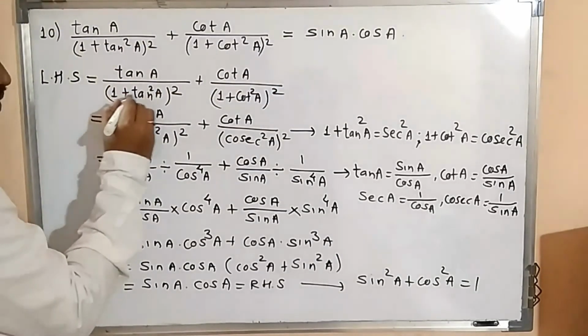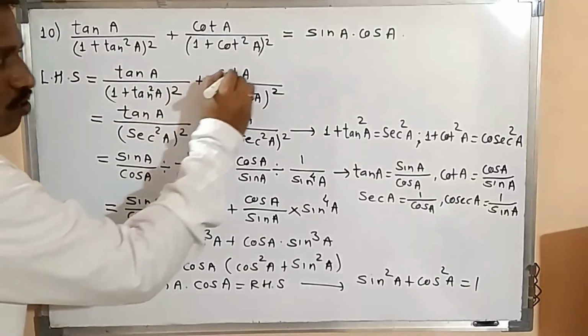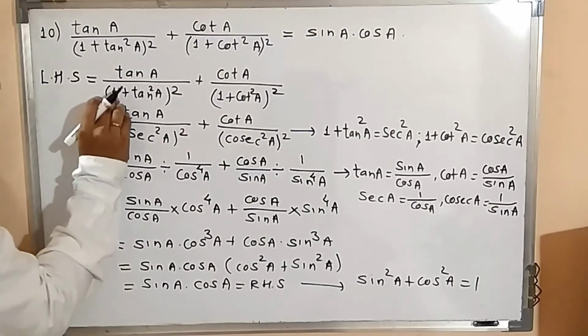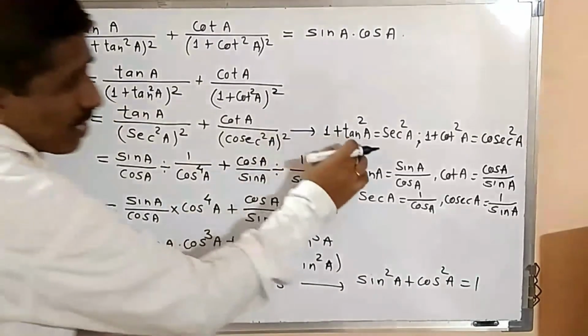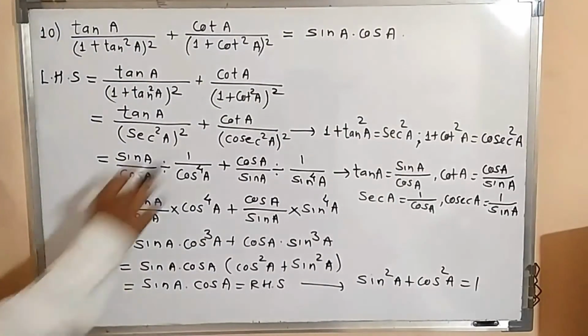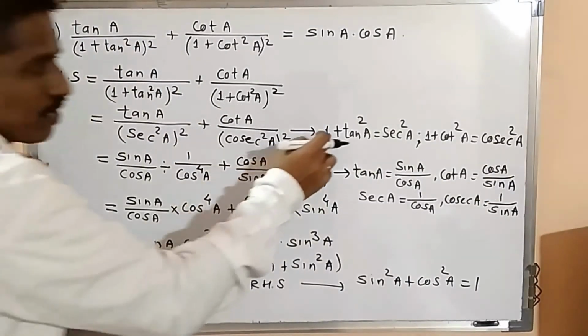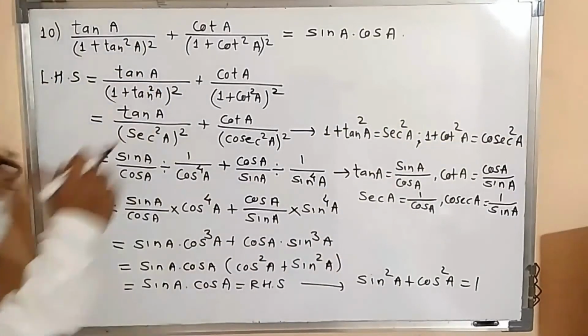I know that 1 plus tan square A is equal to sec square A and 1 plus cot square A is equal to cosec square A. Substituting using these identities, what will I get?